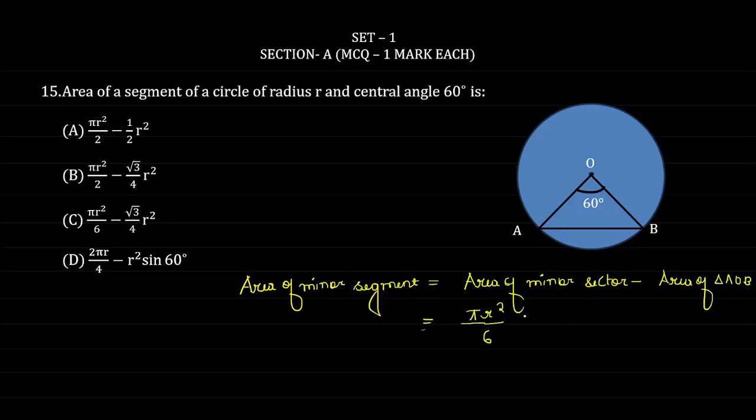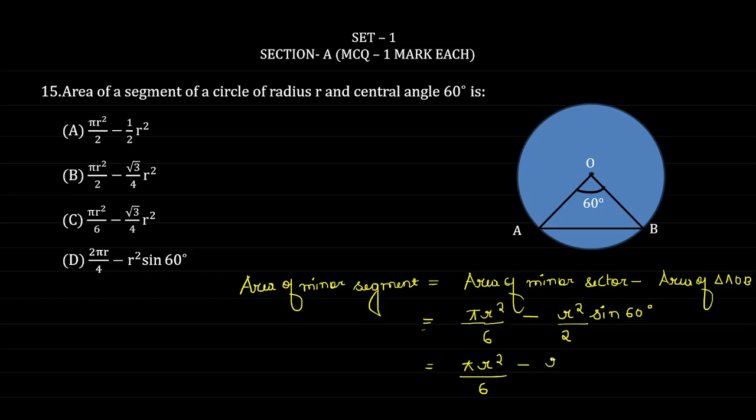And what about this? What is the general formula? So that is r square by 2 sine of theta, that is sine of 60 here. This is the formula.